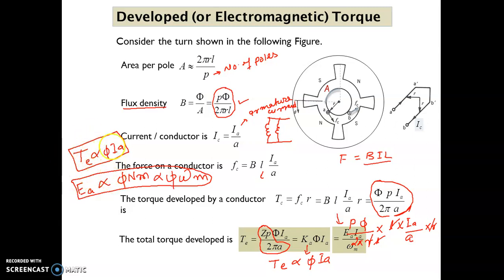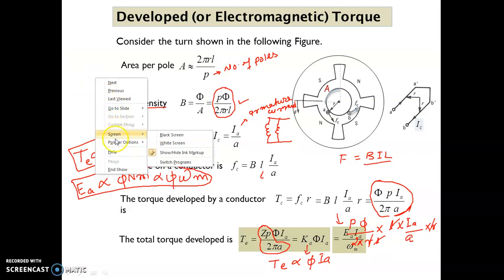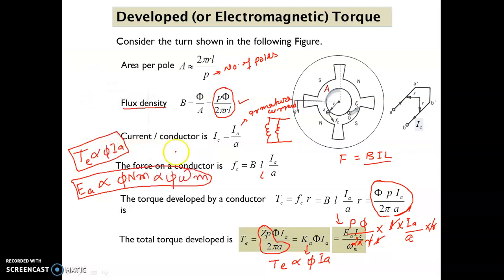Another relation that I want to show you here is the relation between mechanical power and electrical power developed. So what is mechanical power? PM, mechanical power, is angular speed multiplied by the torque, and it is equal to electrical power, EA into IA.